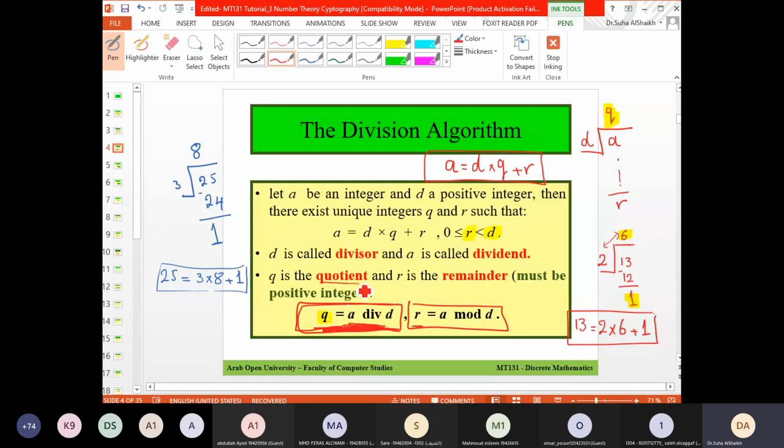So the quotient, which is Q, and the remainder, which is R. The quotient I will call div and the remainder I will call mod, which is the remainder of the division.